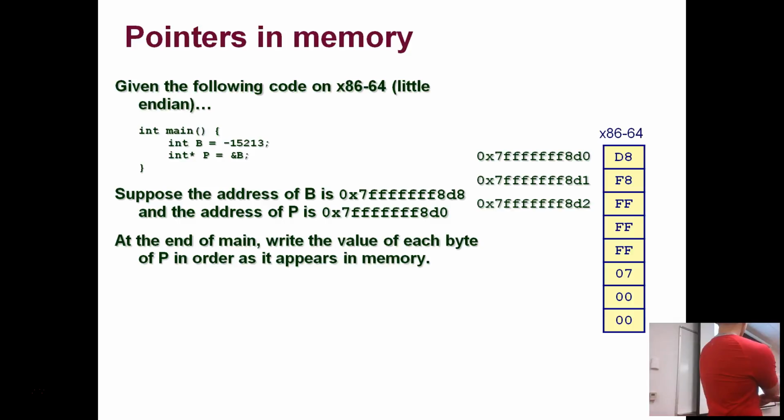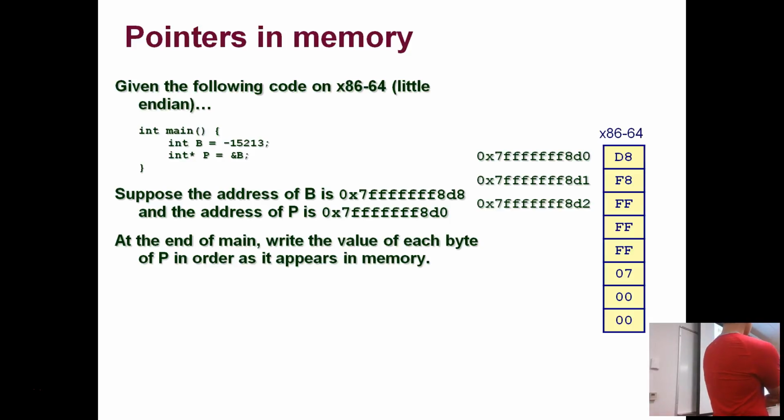So the pointer p is going to be set to the address of b. The address of b is this. The address of p is this. So it is asking you what is the layout of p in memory. Here is the address of p at D0 all the way up to D7. Okay, those are the addresses.